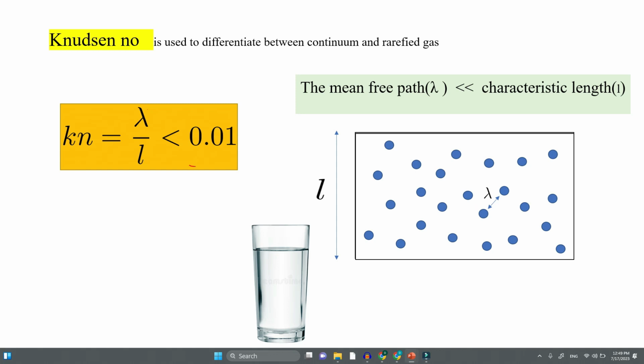Okay, so this is the concept of continuum. And how you can differentiate between continuum and a rarefied gas, that is by the Knudsen number. So here lambda is the mean free path, okay, and L is the characteristic length.